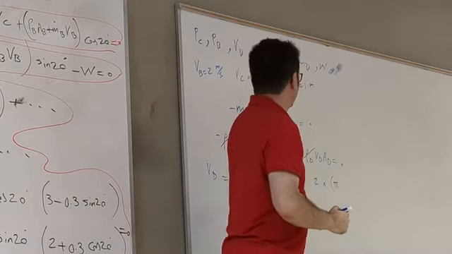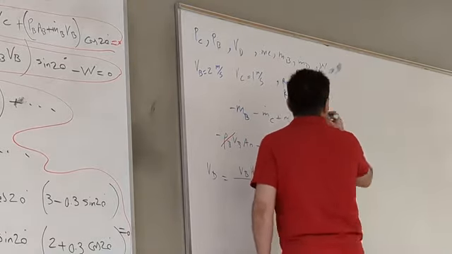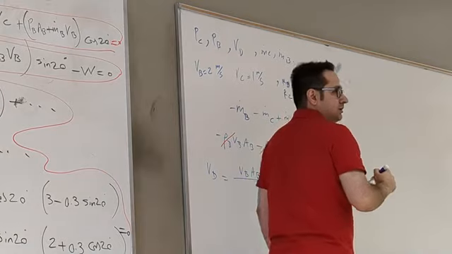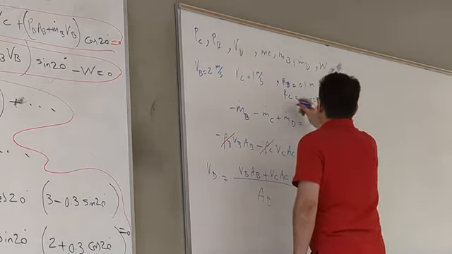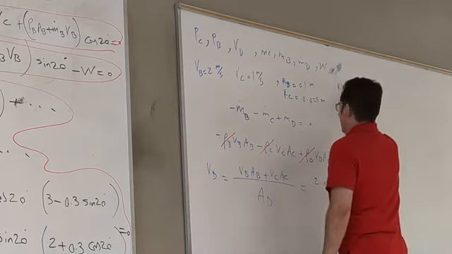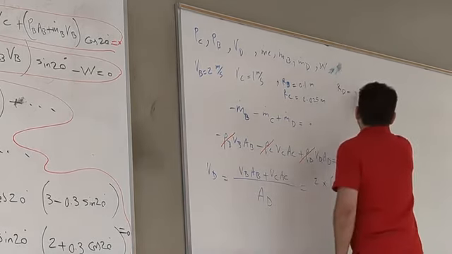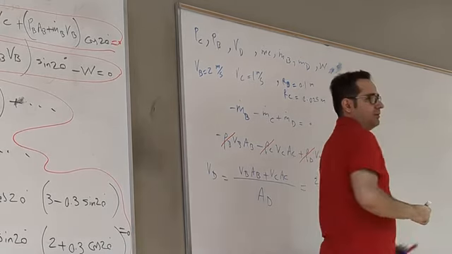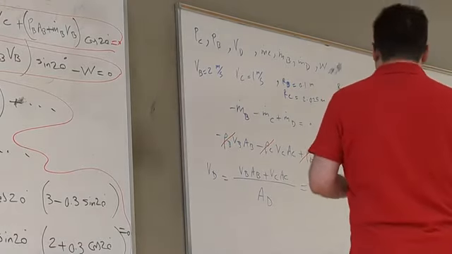Is that right? Okay. What about RC? 0.025. What about RD? 0.075. I'm not sure if this is right. Is that right? Yeah. Okay.